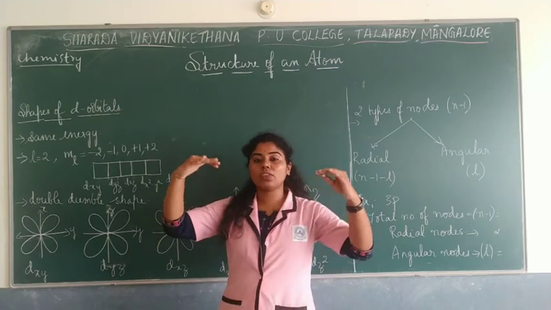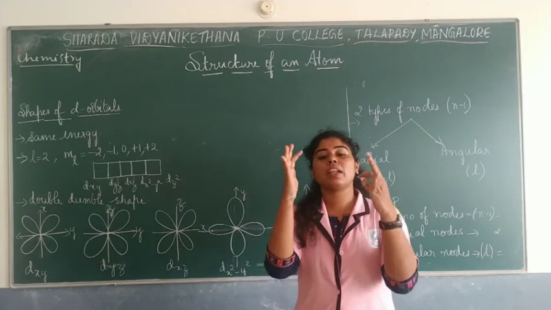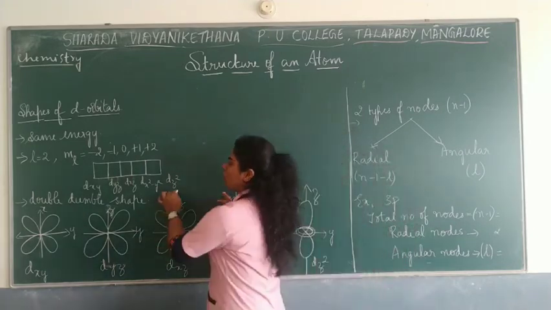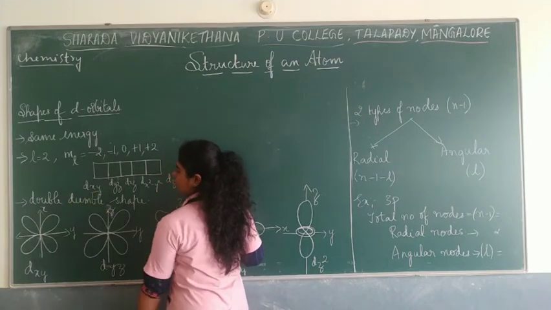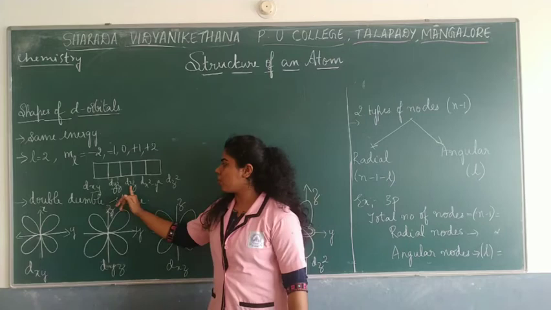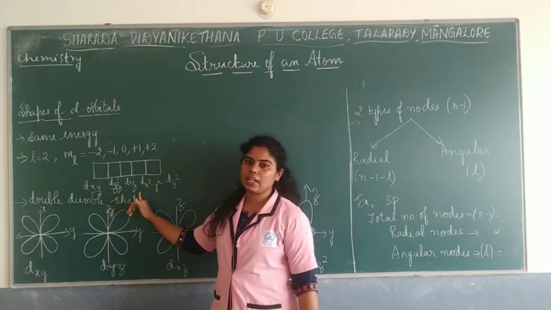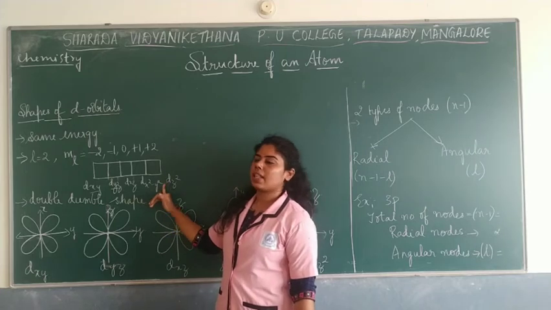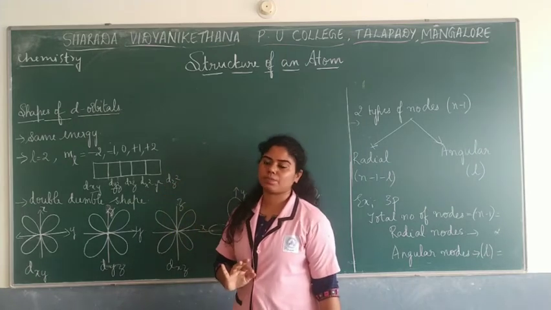So this is how you name these orbitals so that you can represent them along the axis, that is x, y and z. So once again dxy, then you have dyz, then you have dxz, then you have dx square minus y square, and then last you have dz square.